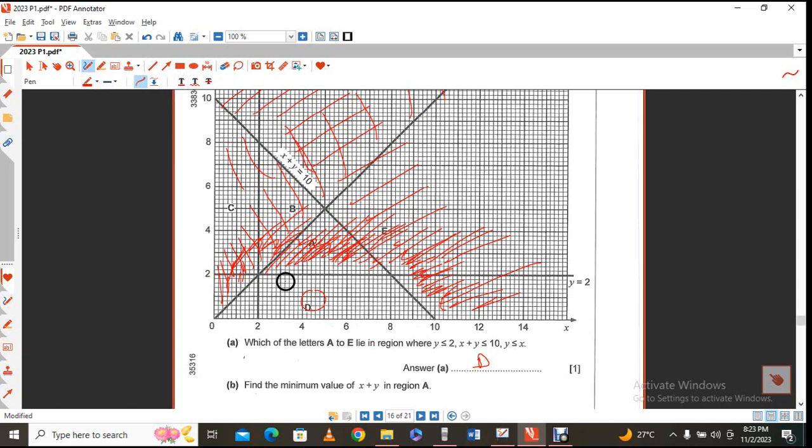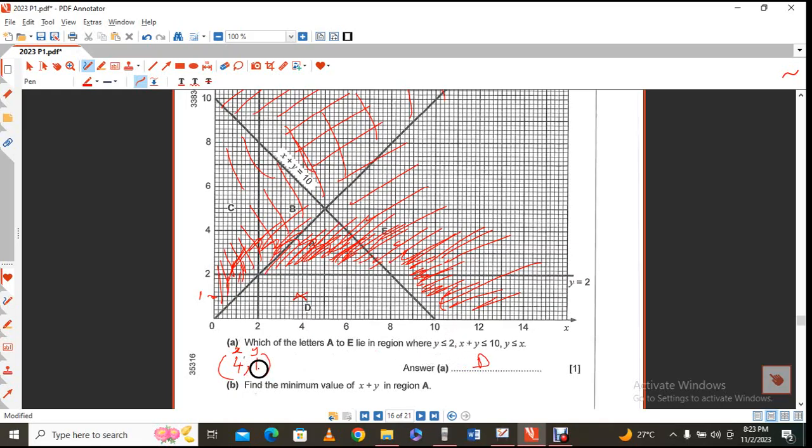Let's say we take a point where D is. Let's say we take the point (4, 1), and substitute it into these. Where you have an x and where you have a y, you would see that you will get something similar. Here, y is 1.